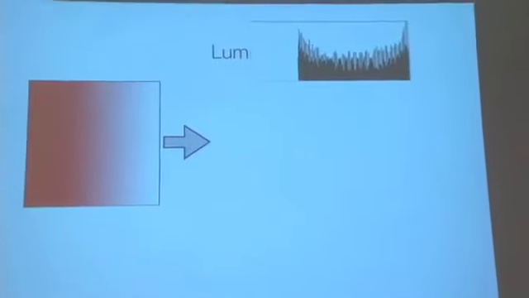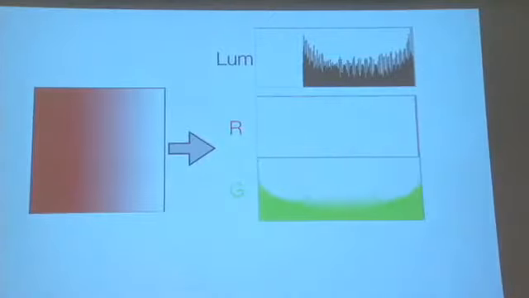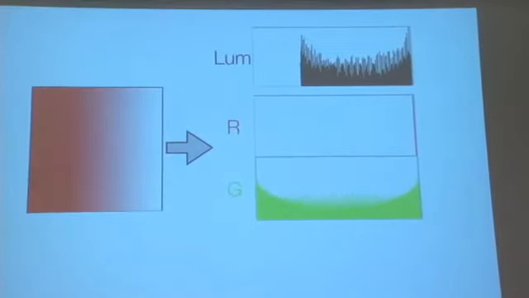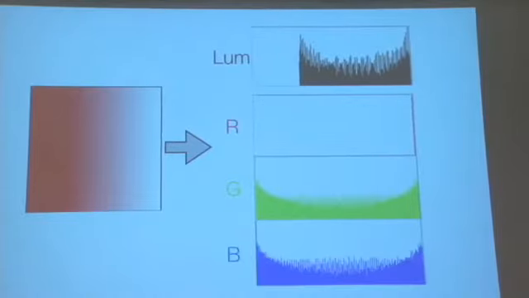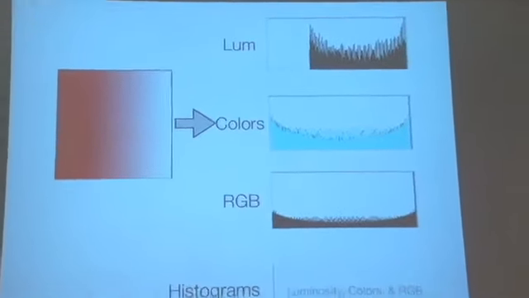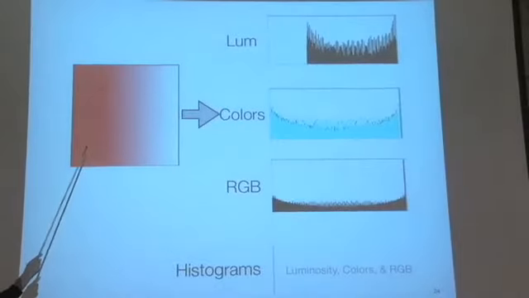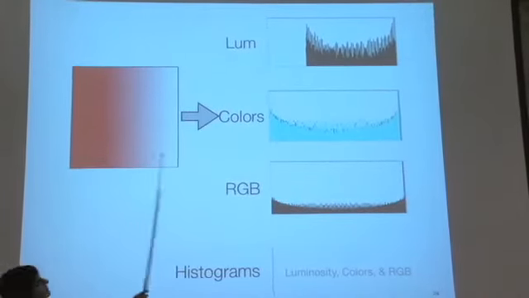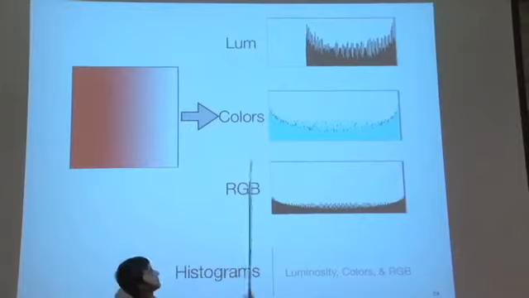And the RGB one is more like an average of those three. So we have the red, the green, and the blue channels, and it's combining them and averaging them in some way. Oops, forgot the blue one. And it's putting them into this black and white version that we're calling this RGB histogram. So what's important to realize is that for this same photo, the same image, we have essentially two completely different histograms.